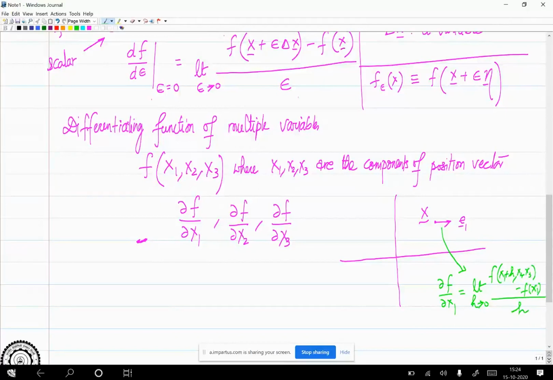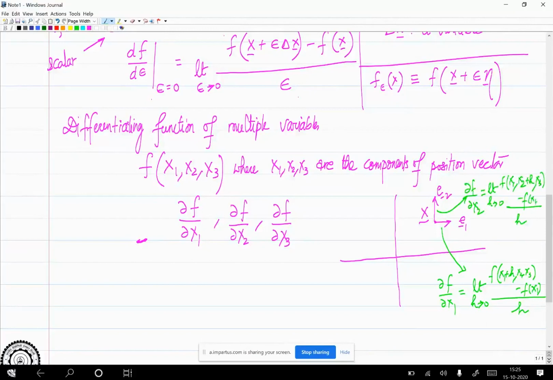Similarly, you can think of moving along E2. When you look at the rate of change of f as you move along E2, that's del f by del x2, and you can define it as follows. Del f by del x2 is equal to limit h tending to 0, f of x1, comma x2 plus h, comma x3 minus f divided by h, isn't it?